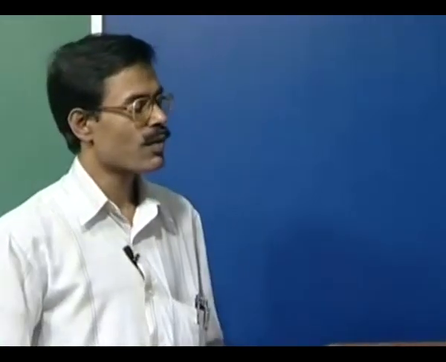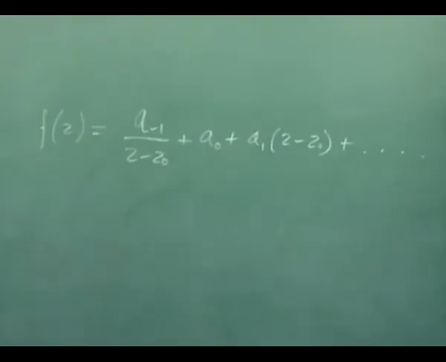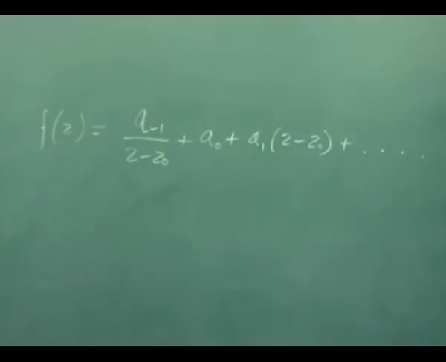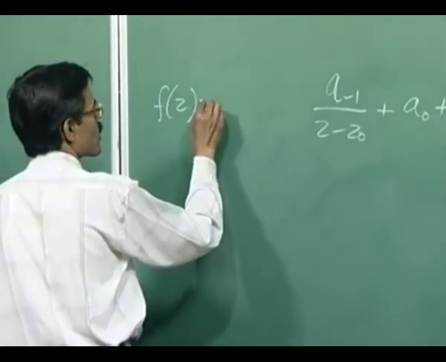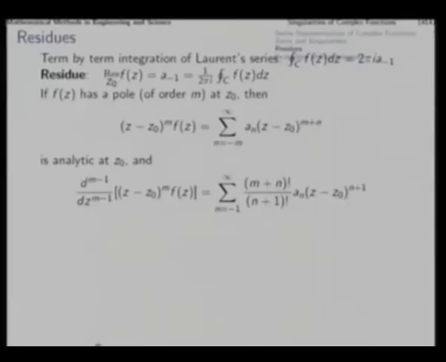If it is a pole of order 2, then you can multiply with z minus z0 whole square, and then a minus 1 will appear in the correct place, where you can then evaluate the function at z0. So in the case of a pole of order 2, let me supply the expression.